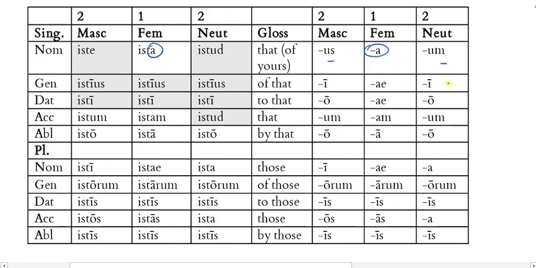Okay, E, I, E are my normal case endings in genitive singular. No match here, but they are the same as illius's forms. Isti, isti, isti. Okay, again, O, I, O are dative singular, no match here, but this does follow the case endings for third declension dative singulars. And then almost everything's regular after this except for that neuter singular form. Istum, istam, istud.